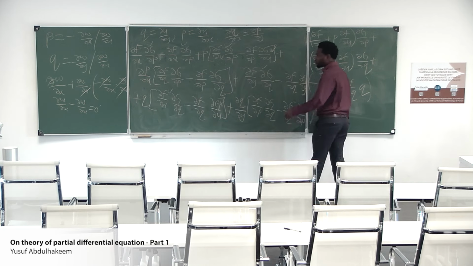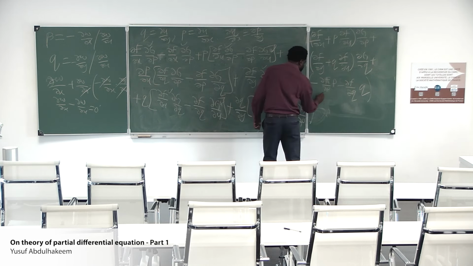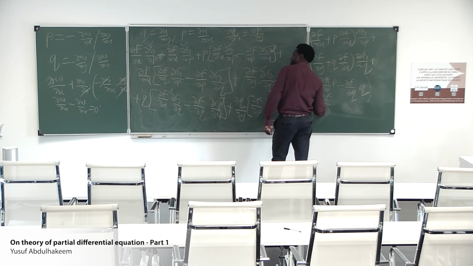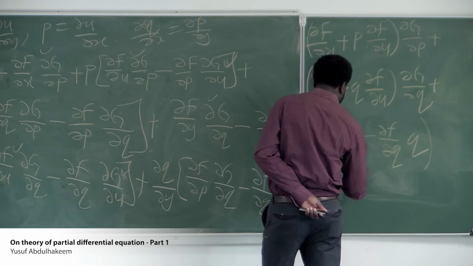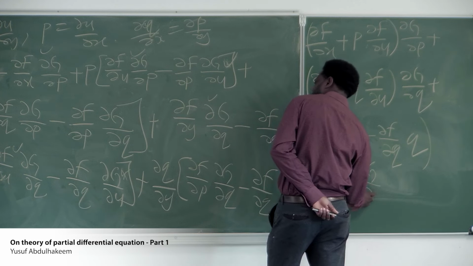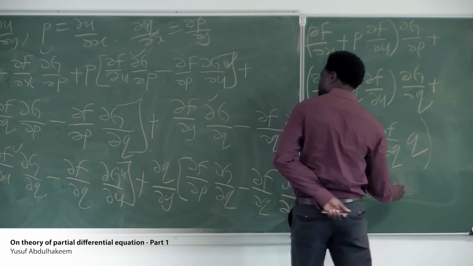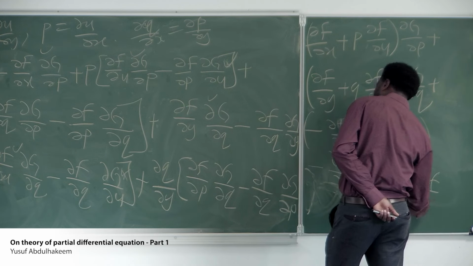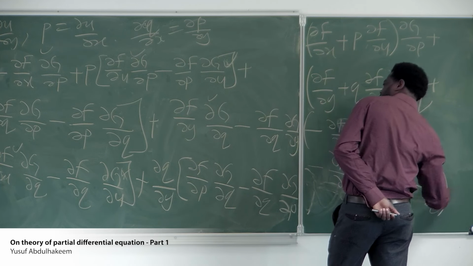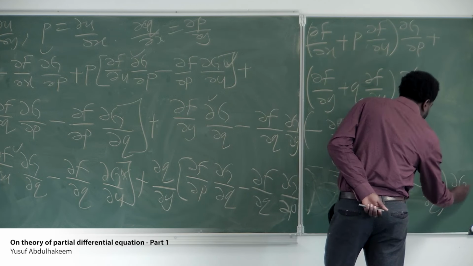So here we are now going to have our minus ∂F, then we have ∂P, then multiply by ∂G/∂X, then plus another bracket of minus ∂F, then we have ∂Q, then multiply by ∂G/∂X. Then we can say that the whole of this is equal to 0.